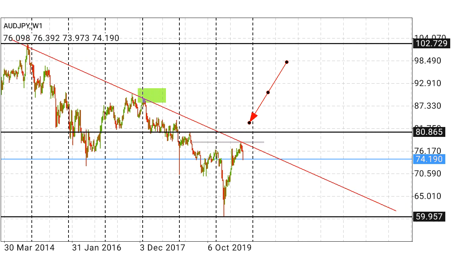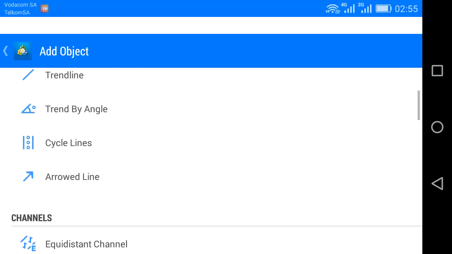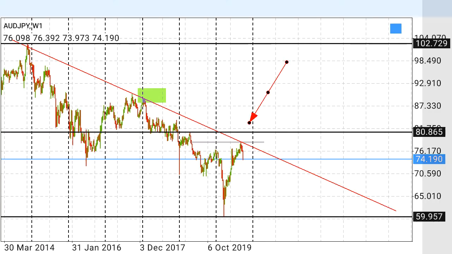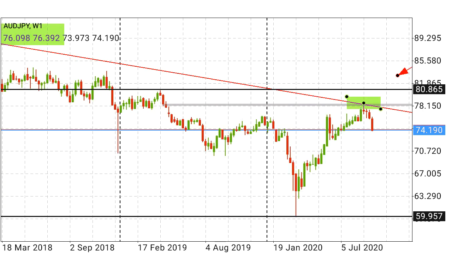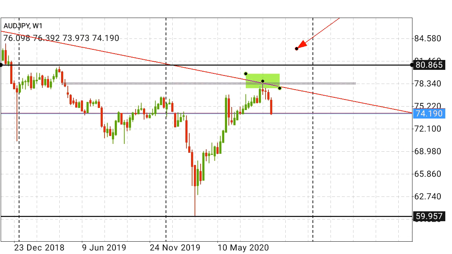Yes. So as you can see, we have a few touches that confirm. Look at where I am right now. How many touches do we have? This one, look at our trend line.